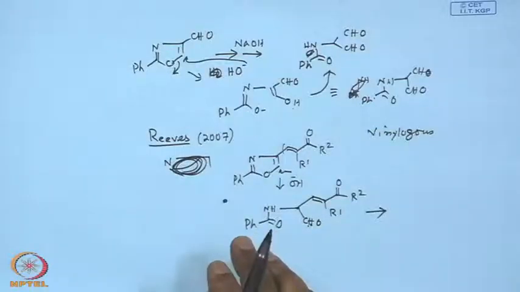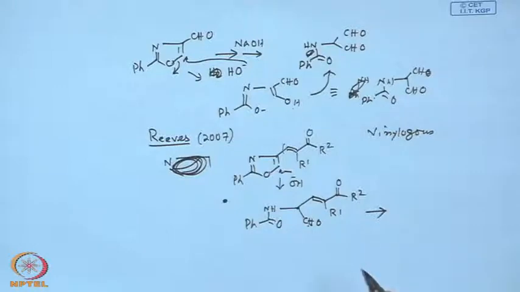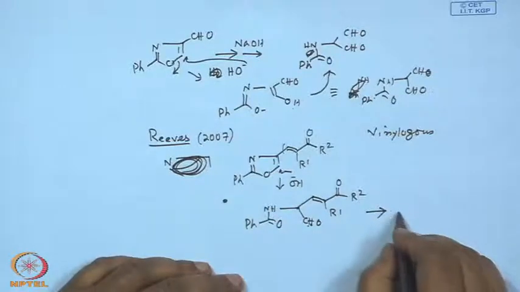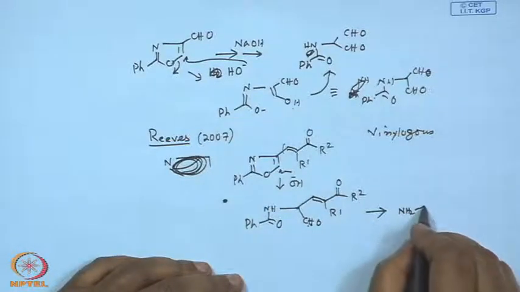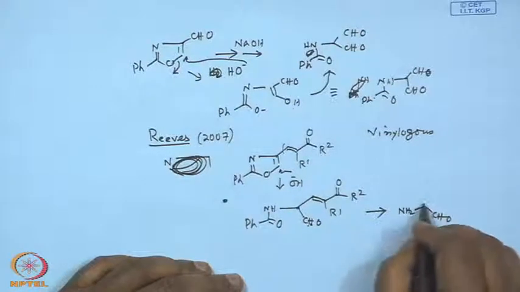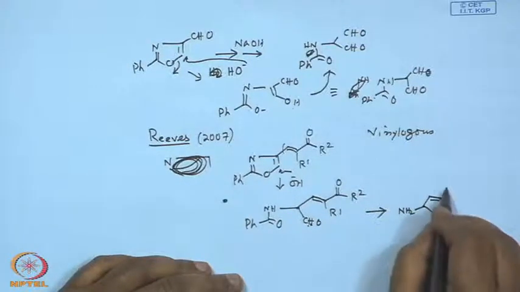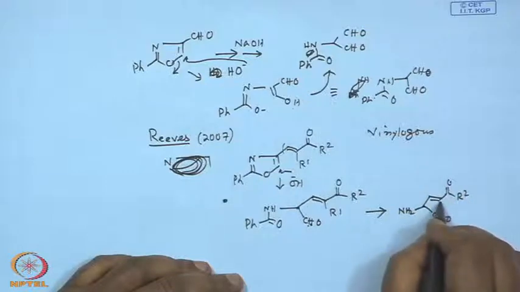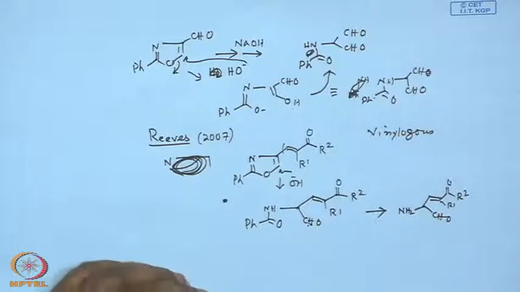Simply Schiff base formation. Alkali is strong enough to convert this amide. The amide is converted to amine, that means NH2, and this is CHO, then this R2 and R1, right.